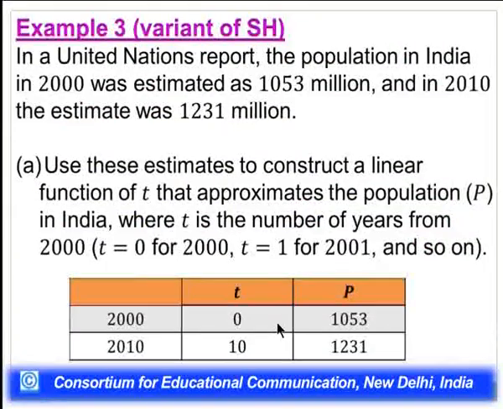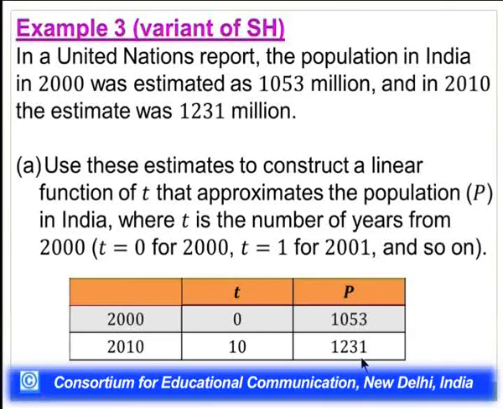If I use these estimates to construct a linear function, basically I have here that the year 2000 corresponds to T equal to 0. By the way, my left-hand side variable is P, population, and the right-hand side variable is T. So the year 2000 is T equal to 0, for which the population P is 1053. For the year 2010, which becomes T equal to 10, the population is 1231.